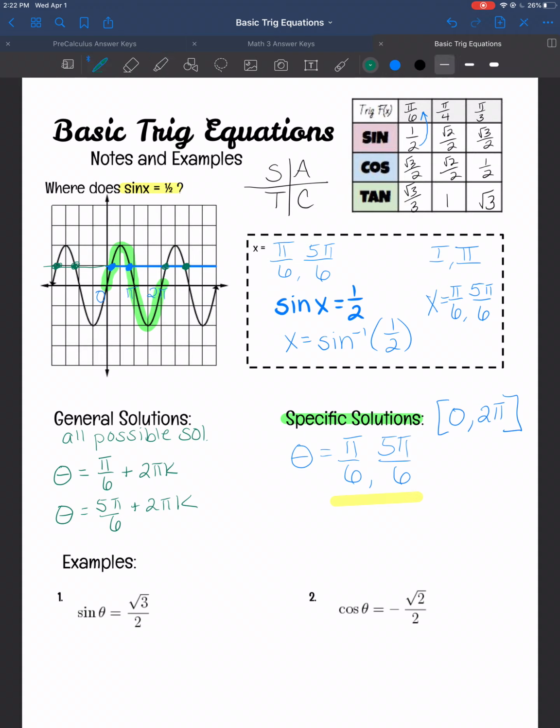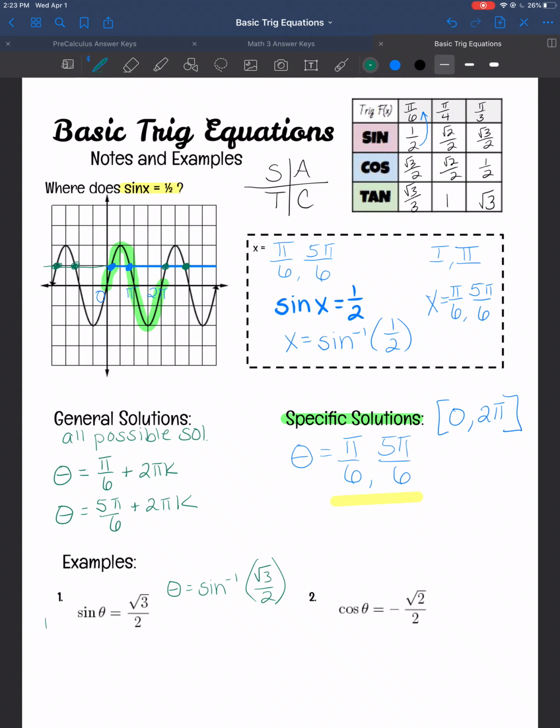So I have two examples below here that start you out pretty easy that we're going to do just algebraically using the trig chart. So the first thing you do is solve for theta by doing inverse sine of square root 3 over 2, and then you ask yourself, sine is positive in what two quadrants?